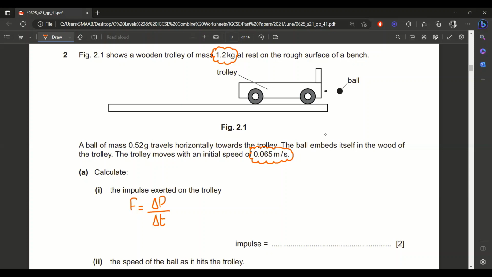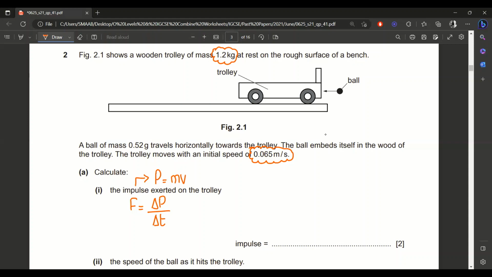So 0.065 is the speed, and next we have the mass, which is equal to 1.2, or we use the second form of this impulse, because they are asking about impulse.